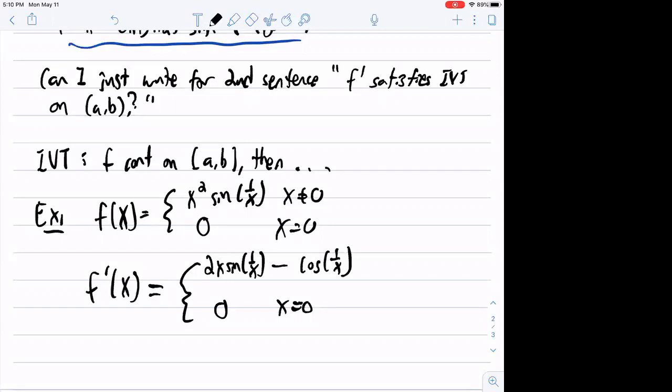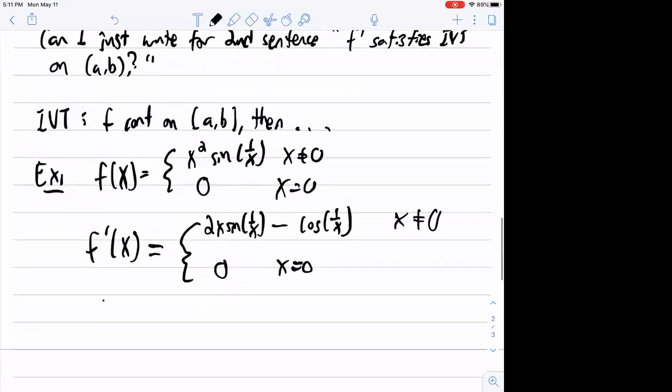Someone correct me if I'm wrong, but it's just product rule. So here, f prime is not continuous; you can check that the limit at 0 does not exist.